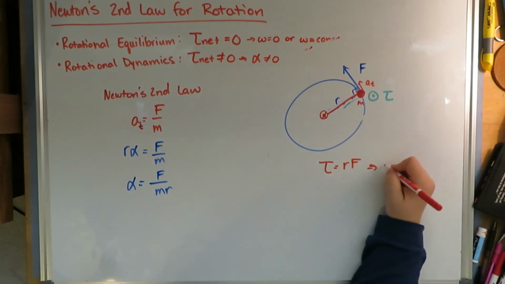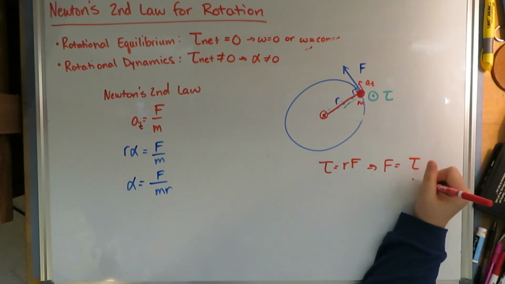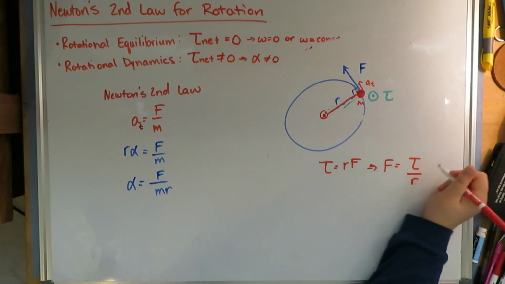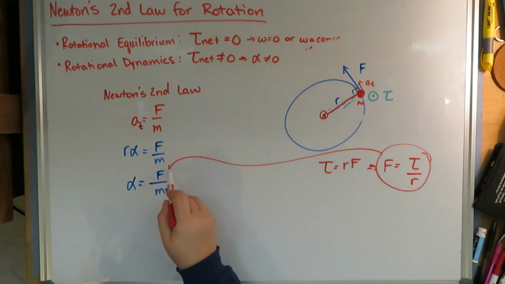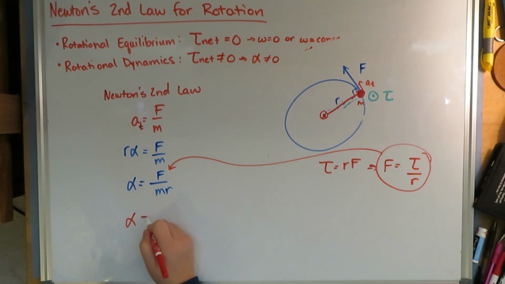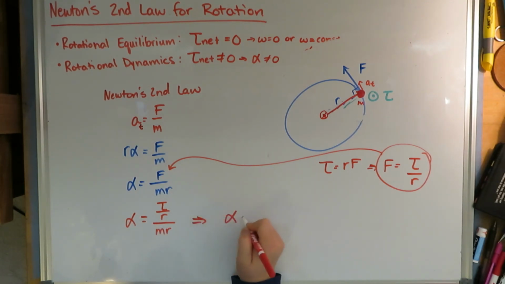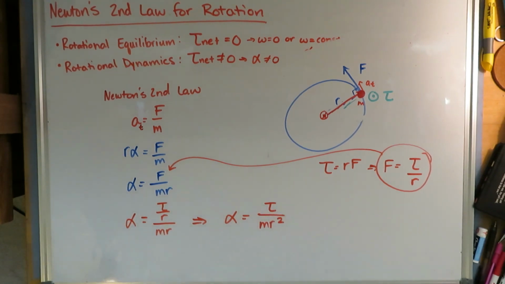So that means that F is equal to torque over r. So I can sub in for this force, because I'm more interested in torques than I am in forces right now. And I get that alpha is equal to torque over r divided by m r. So if I rearrange, I get that alpha is equal to torque over m r squared.